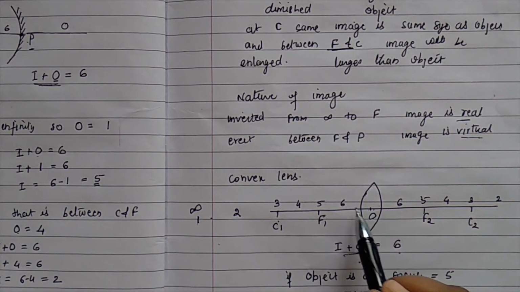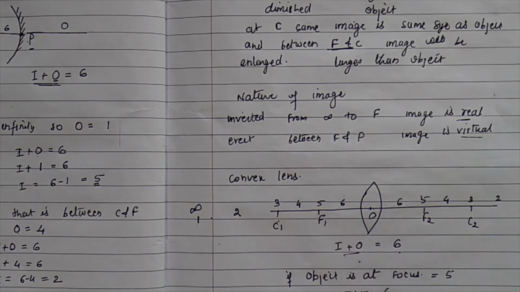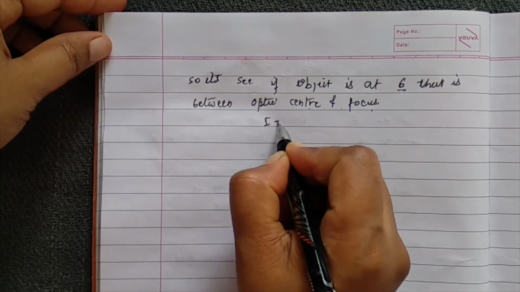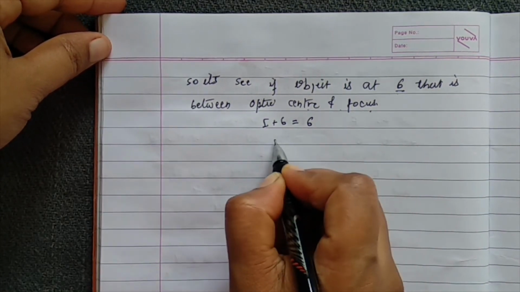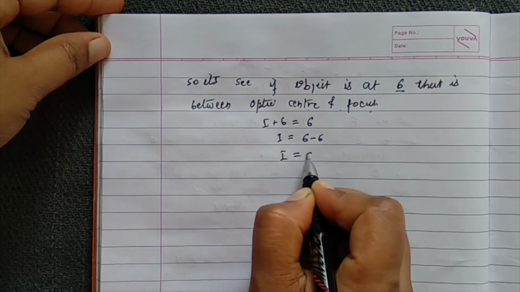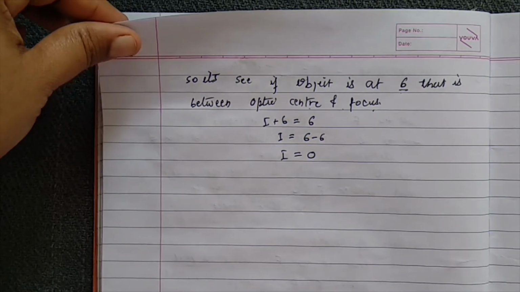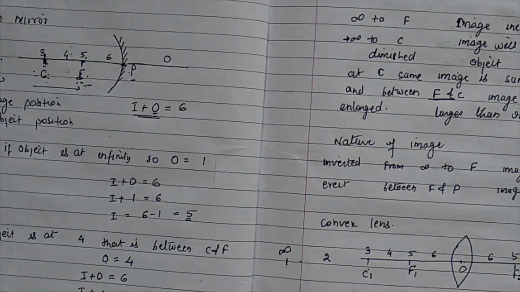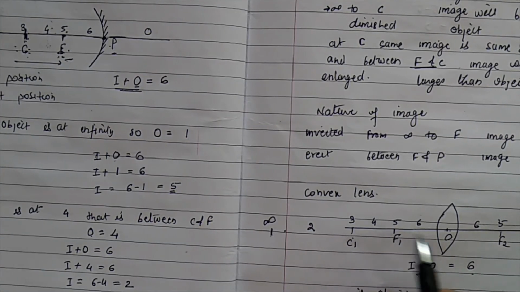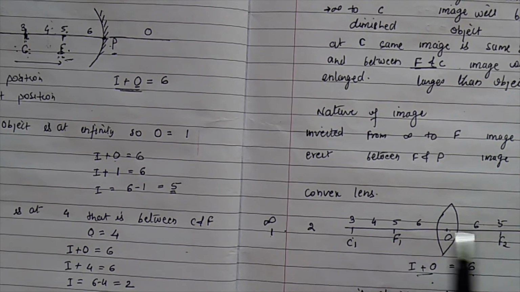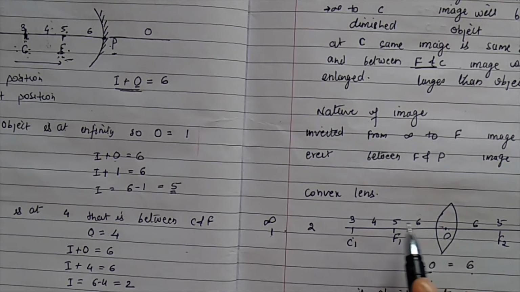If the object is here, again I plus 6 equal to 6. So I is nothing but 6 minus 6, and I will be 0. Now where will the image be? Image at 0 means it will be on the same side where the object is. So it will be in front of the lens.